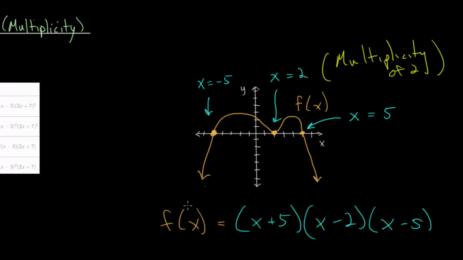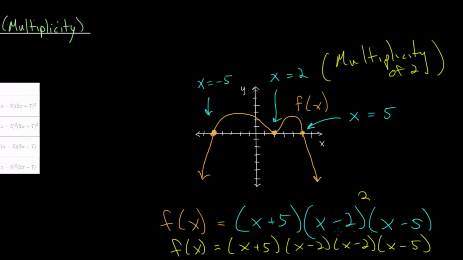Or it will make the function, this polynomial function, equal to 0 at 2 different times, in a sense. So for multiplicity 2, we're going to write this as x minus 2 squared. And in reality, you could just write it twice, x minus 2 times x minus 2. And of course, we would have the other factors as well, just to complete this.